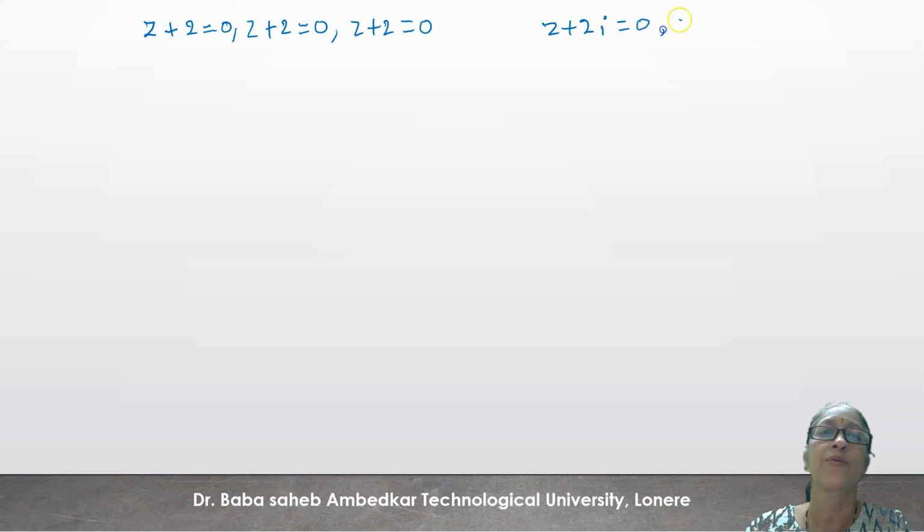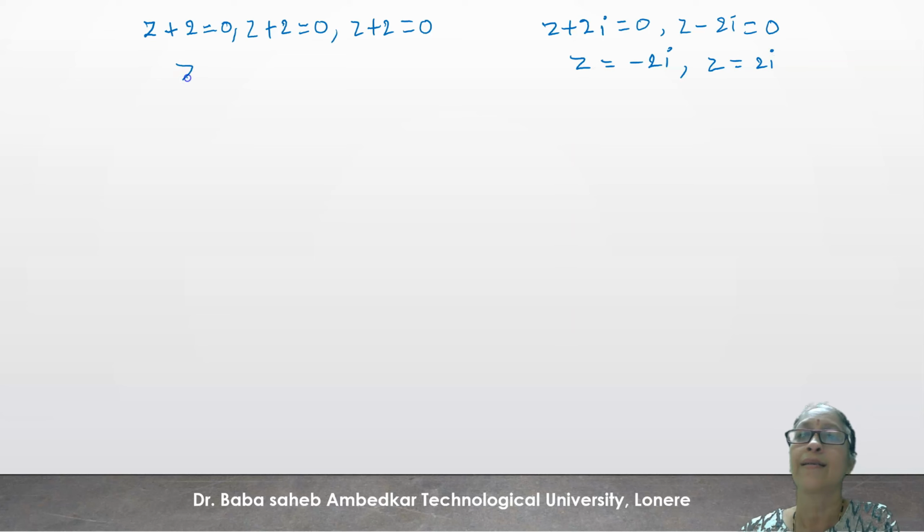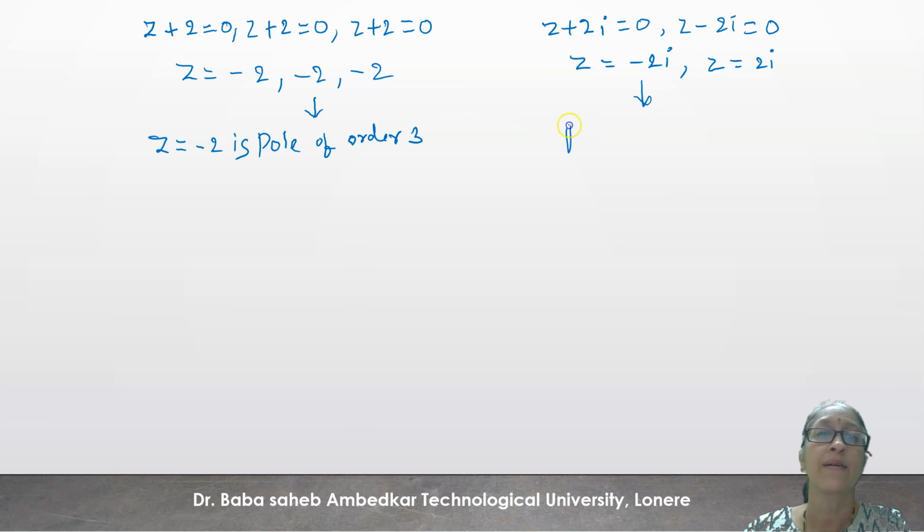What is the order? z equal to minus 2 is a pole of order 3. This one is a pole of order 1, and here also order 1.